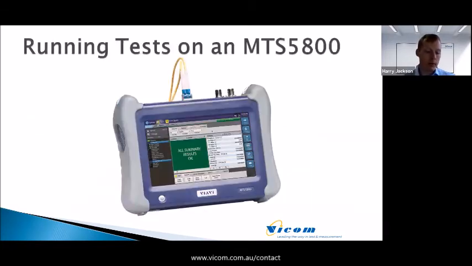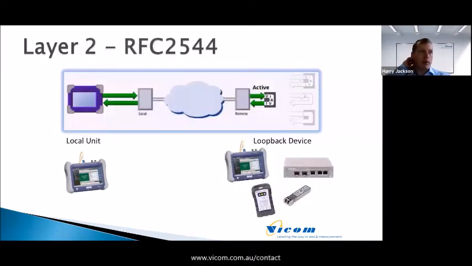Okay, so we've covered all the tests from layers 1 through 4, and now we're just going to quickly run through how to undertake some of these tests on the MTS 5800. The first test we're going to look at undertaking is our RFC2544 test. As mentioned before, the RFC2544 test will require a local unit and a loopback device.